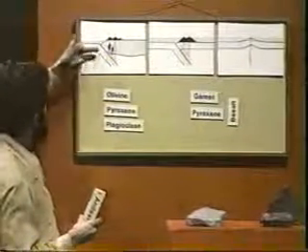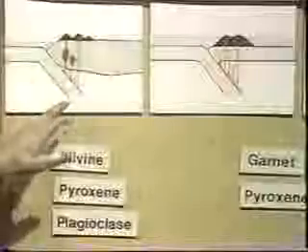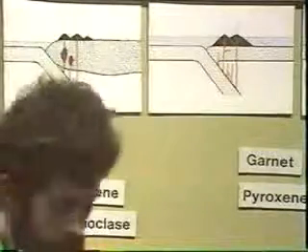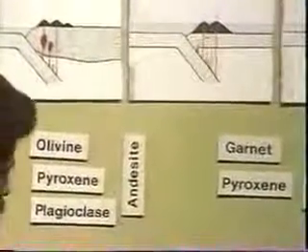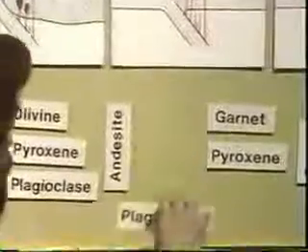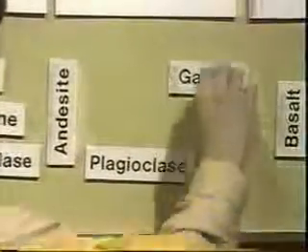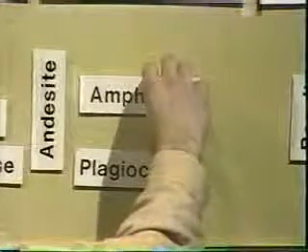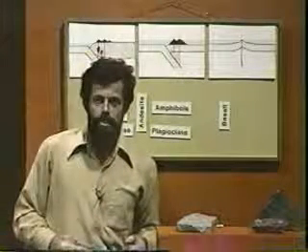These are released as the basalt begins to go down a subduction zone, either beneath a continent or beneath another piece of ocean lithosphere. The rock that's then produced is andesite, composed of plagioclase and amphibole, essentially.